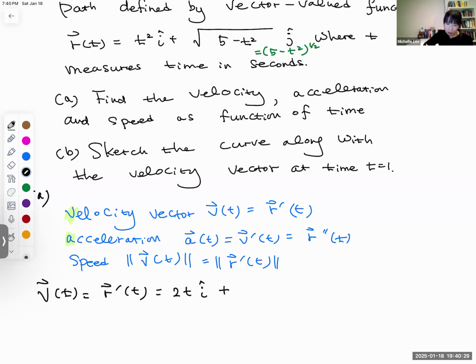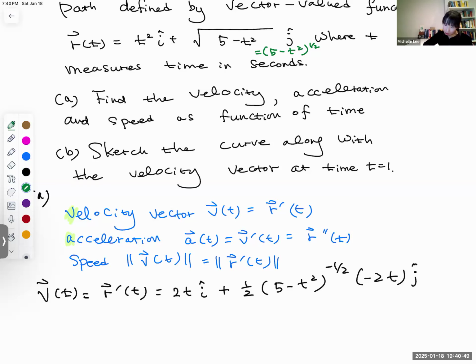We drop the power, reduce by 1, negative 1/2, and chain rule inside, so that is negative 2t j. Let's simplify.